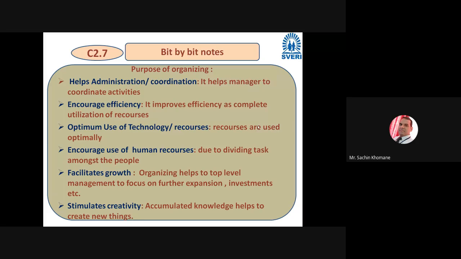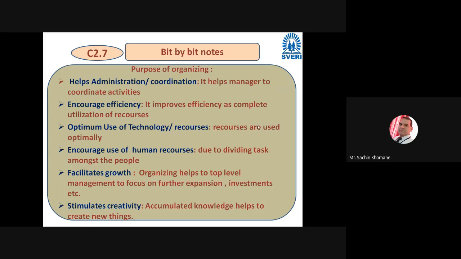So the first point is it helps administration and coordination. If you are having proper organizing, you have distributed tasks, you have allocated the duties. So for administration purposes, for every manager, it helps. Suppose one task is assigned to one group, and that group is not performing well for the first project, second project, third project.